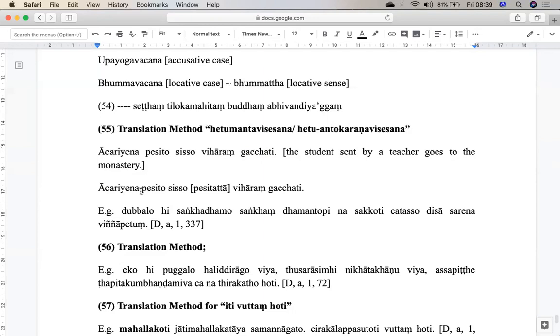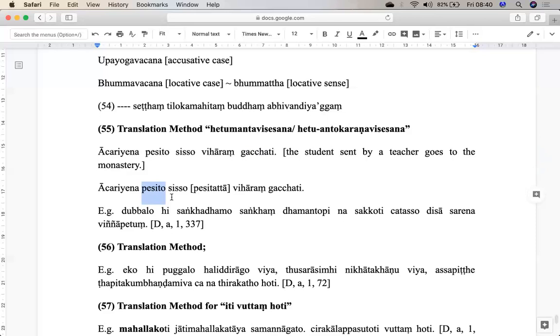But this one is an adjective for the student, and also the reason for him to go to the monastery. Because of being sent by the teacher, he goes. If the teacher does not send him, he will not go. So that is why this is a visesana as well as a reason. That is why it is called hetu manda visesana, or hetu antogadha visesana also.